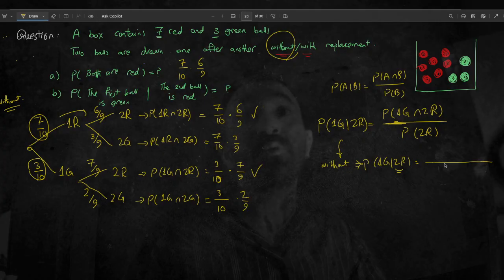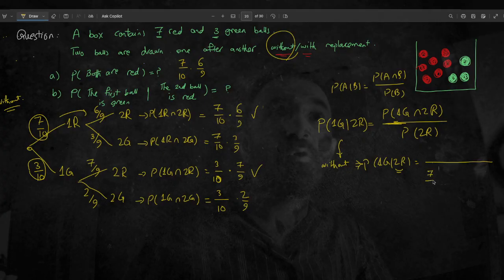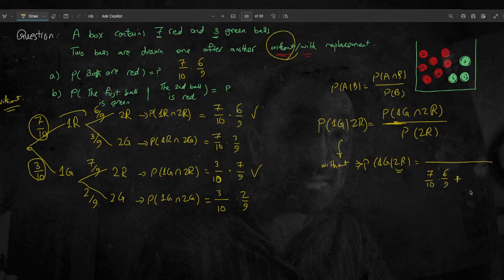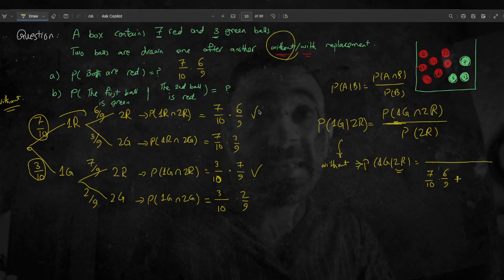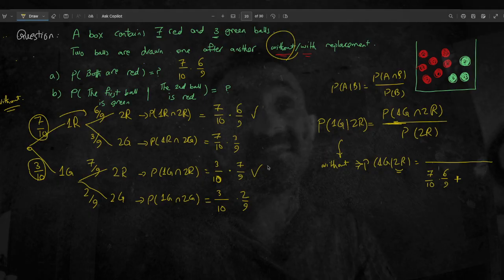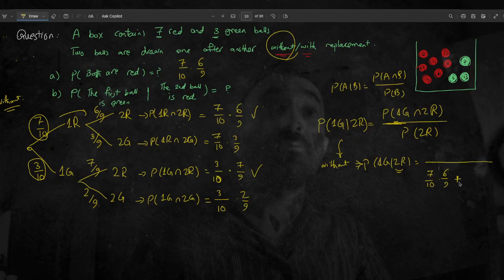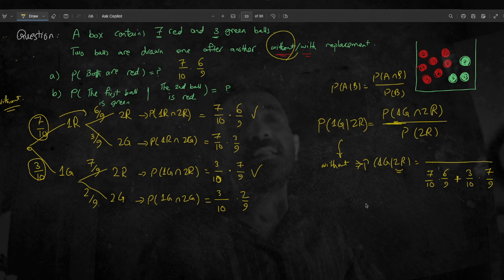Okay, only in these two cases. So 7 over 10 times 6 over 9 plus, remember it's a plus or, because we say case 1 or case 3. So we put a plus here, okay? Plus 3 over 10 times 7 over 9.